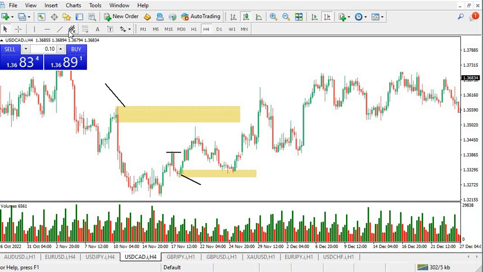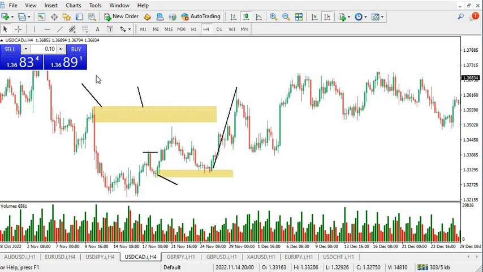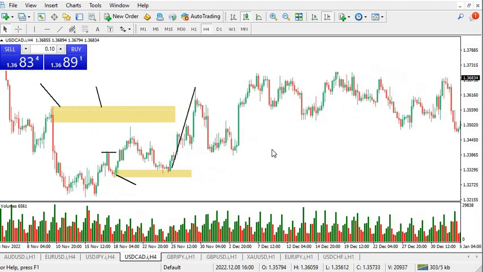Once the market mitigated this order block, the market moved to the upside, and it is taking out the opposing order block, which is the bullish order block. So it means that we will look for bullish order blocks in a bullish trend, and we will look for bearish order blocks in a bearish trend, and that is the characteristic of tradable order blocks.